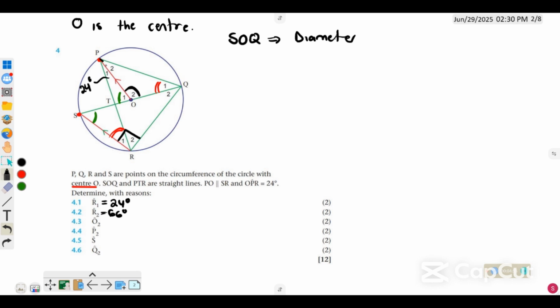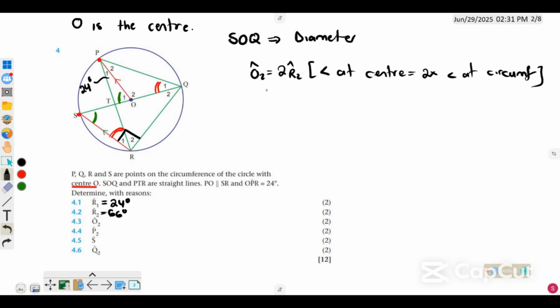If you trace back, you will see that angle O2 was subtended by that arc PQ or chord PQ, but the very same PQ goes on to subtend another angle at the circumference, which is angle R2. In fact, angle O2 will be equal to twice angle R2, and this is angle at center being twice angle at circumference.